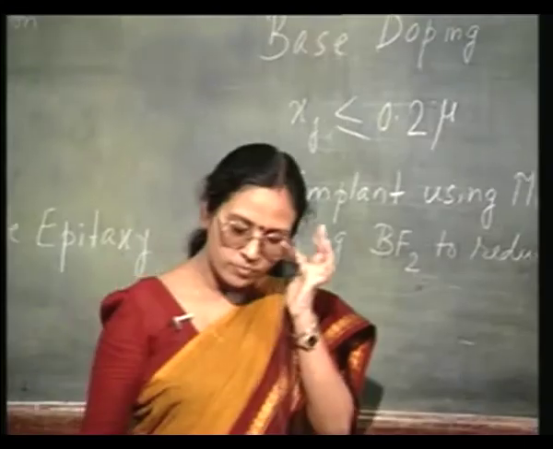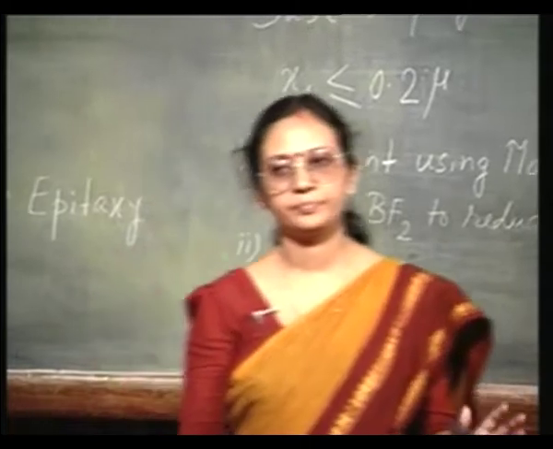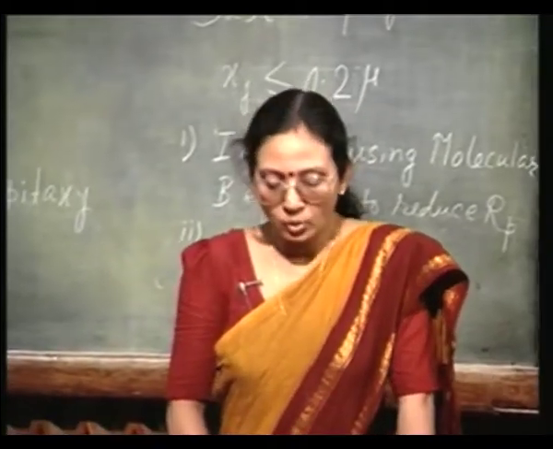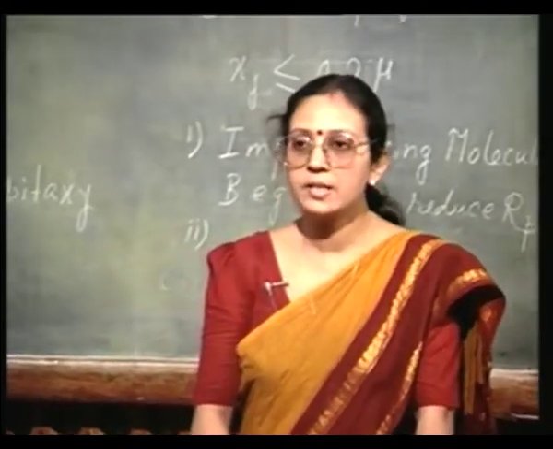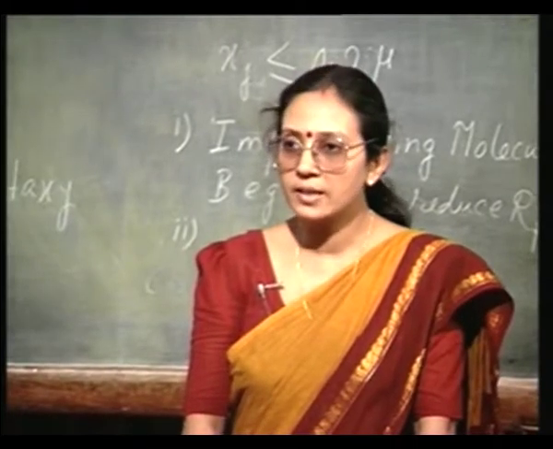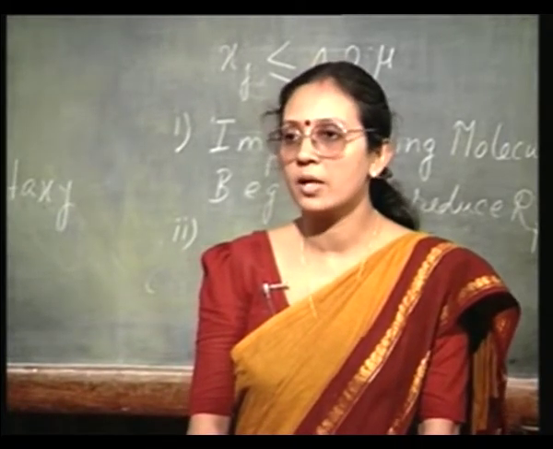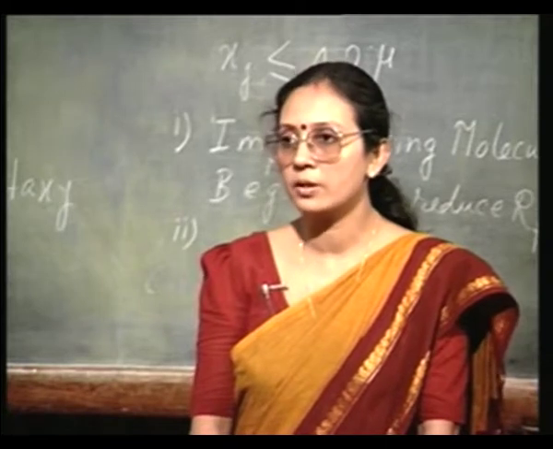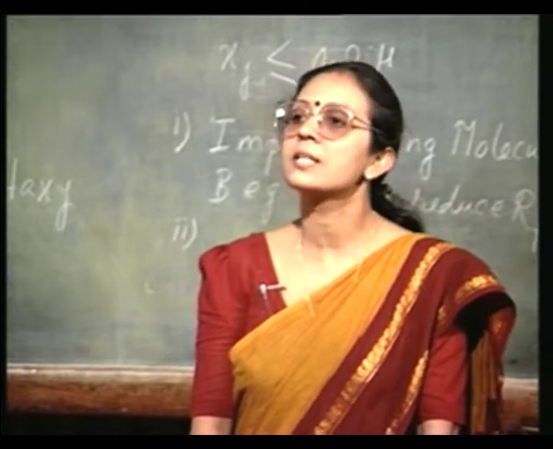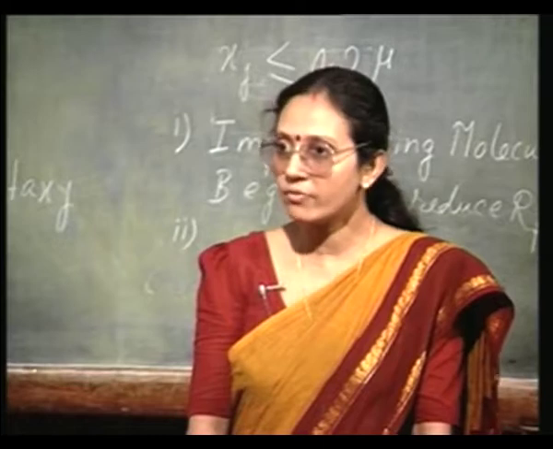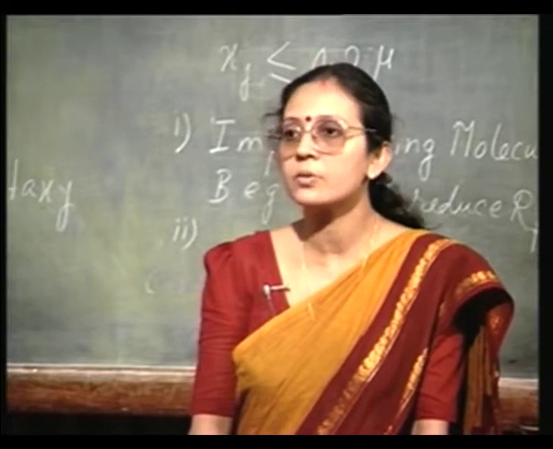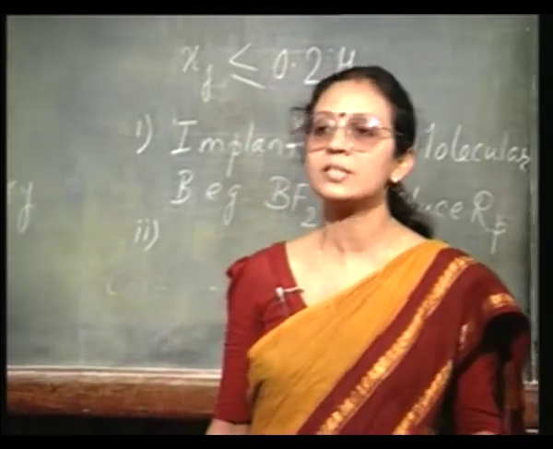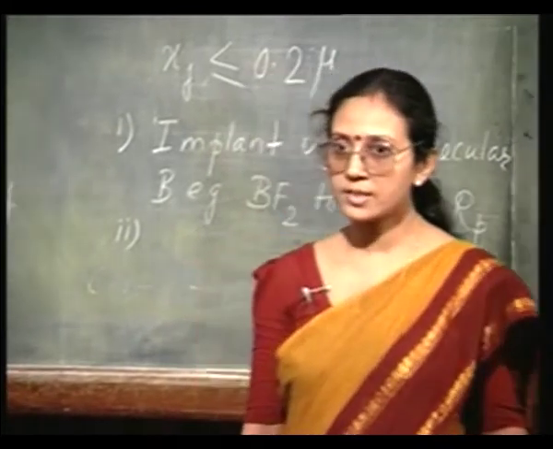And then how can I reduce channeling? One way to reduce channeling is to amorphize silicon by a self implantation prior to boron implantation. That is, you first do a silicon implantation, that is the self implantation. Silicon implanted with silicon, with itself, that is called the self implantation.